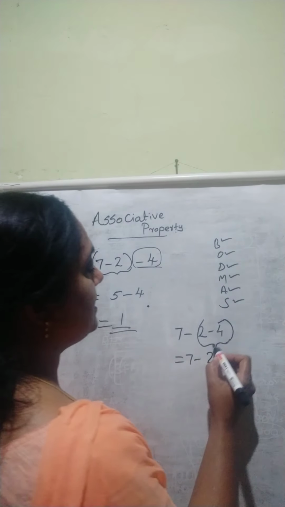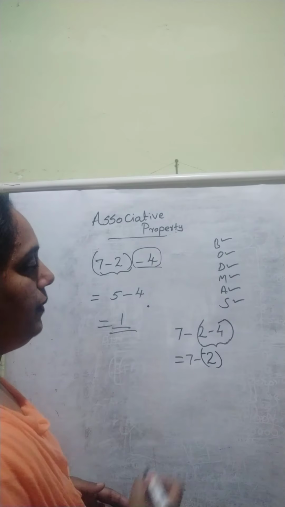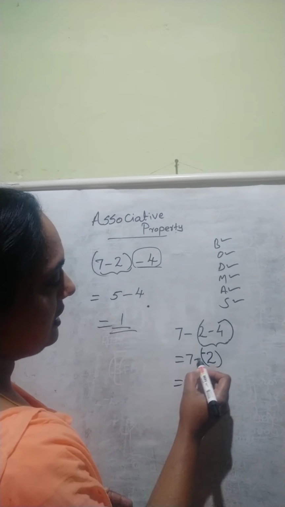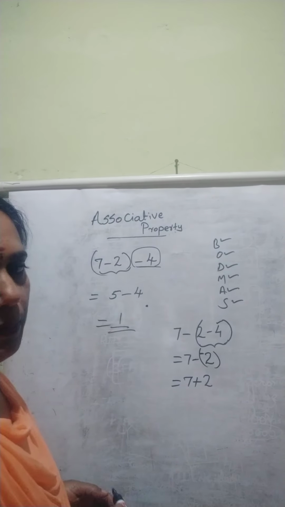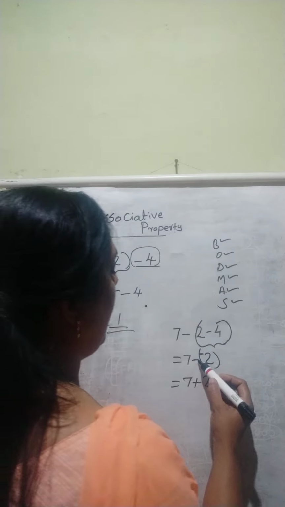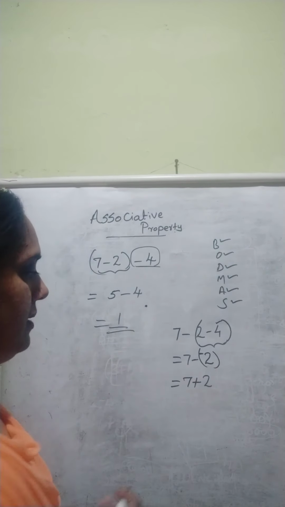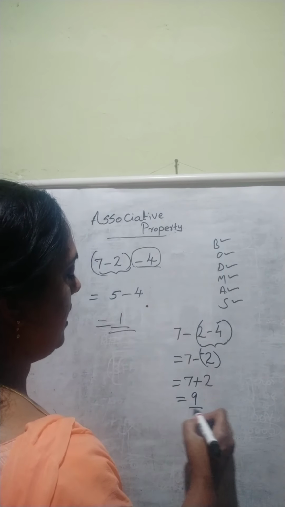Then the sign is negative because 4 is negative. Actually what is happening? We add the additive inverse of the second integer. So negative of negative 2 makes it positive, then 7 plus 2 is 9.